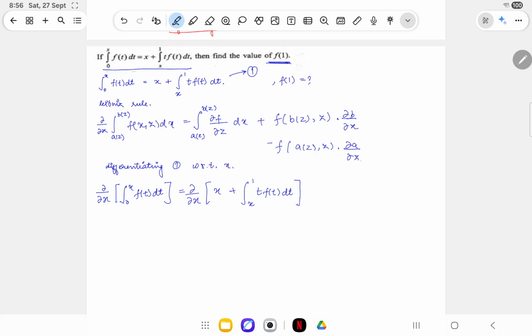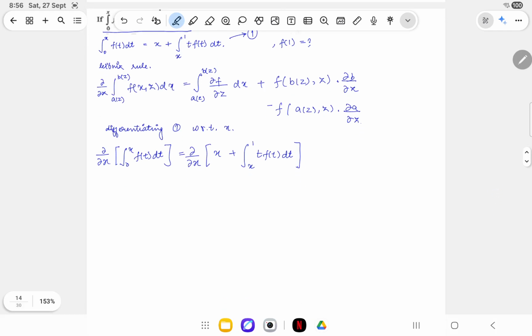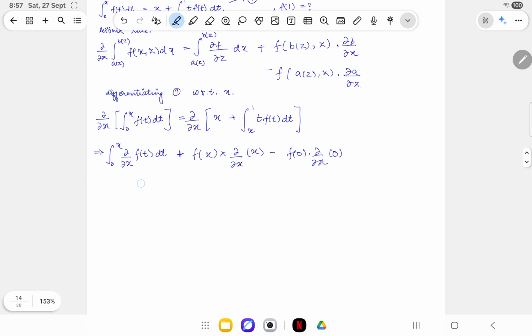In our case, our function f is in one variable, that is t. So using the Leibniz rule here, we get integration from 0 to x of del by del x of f(t) dt plus f(x) into del by del x of x minus f(0) into del by del x of 0. This is the left hand side that we got.